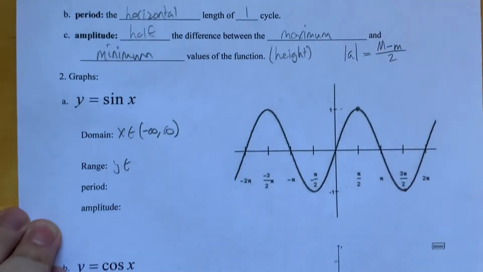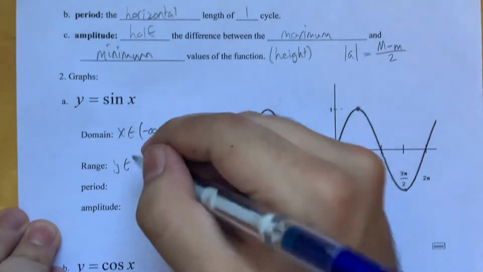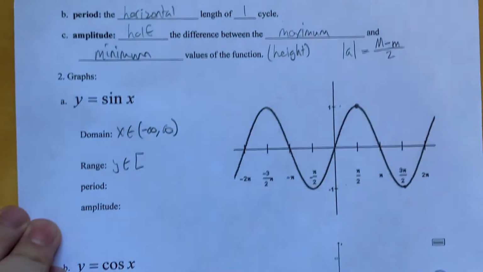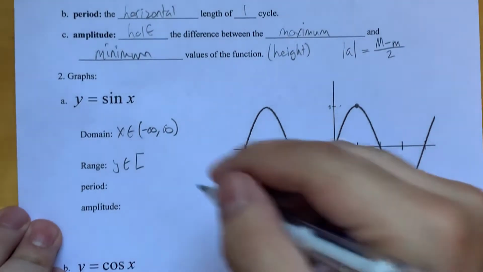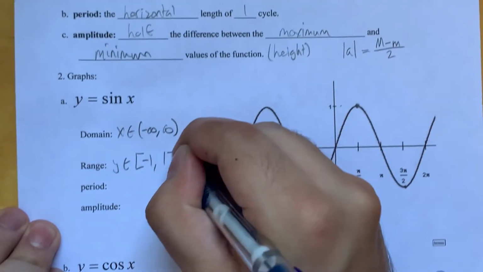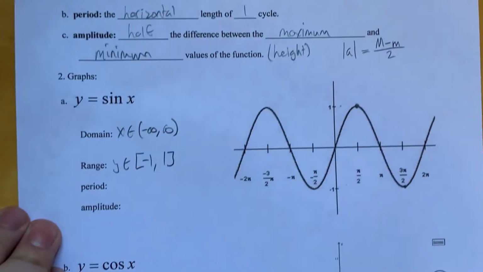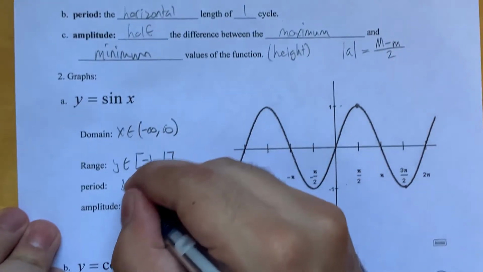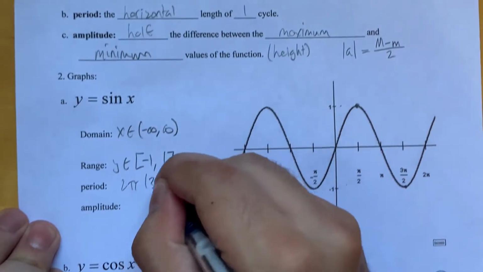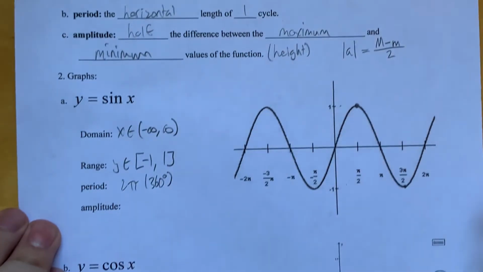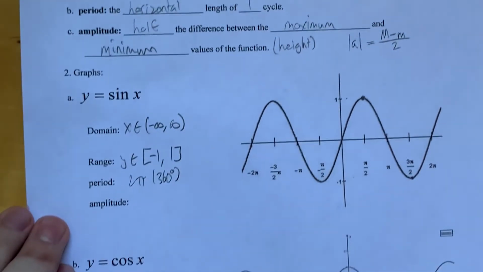Am I going to have open or closed brackets? Closed, right? Because it includes that value. You can't include infinity because infinity goes on forever. So -1 and 1. What's the period? Period is 2 pi or 360 degrees. I explained that. You guys should have been telling me that before I told you.